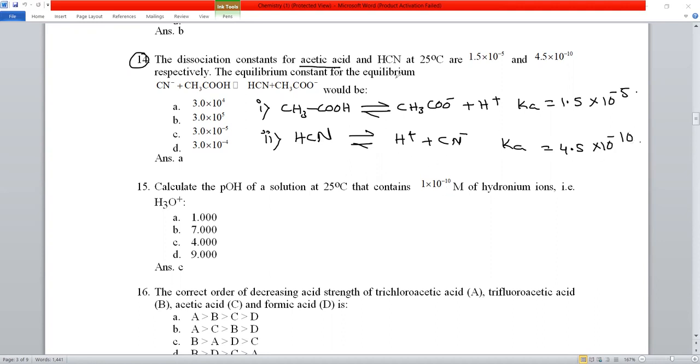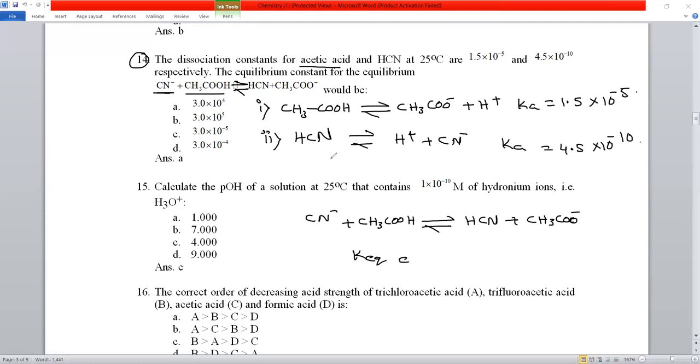The equilibrium constant for this reaction: CN minus reacts with acetic acid, in equilibrium with HCN plus acetate. So if you write that reaction, CN minus plus acetic acid in equilibrium with HCN plus acetate.